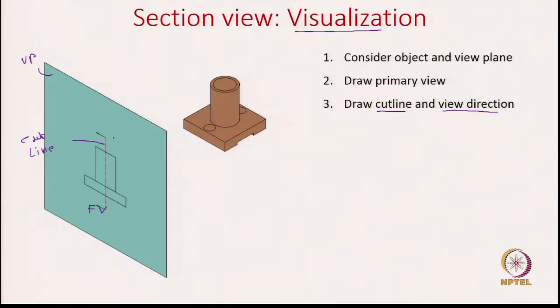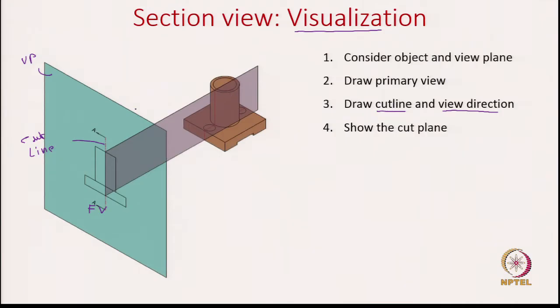Once this is defined, let us show the cutting plane. This is the cutting plane, which passes through the cut line and is perpendicular to the view plane. The cut line is cutting the object into two pieces.